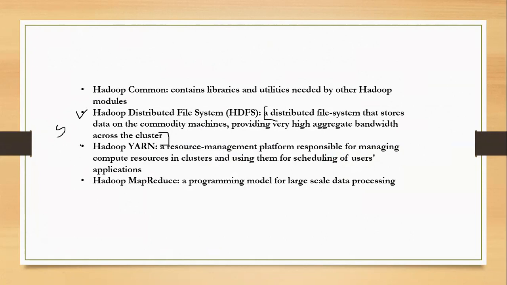Now there should be something which efficiently allows the processing of big data, with the scheduling of it. Yarn is a resource management tool which allows the computer resources in the cluster to efficiently perform their operations or schedule their applications.